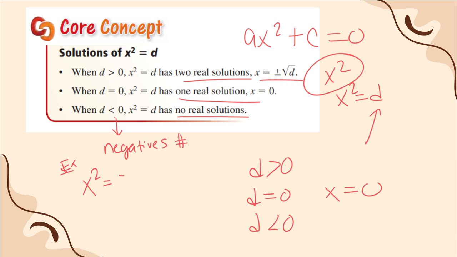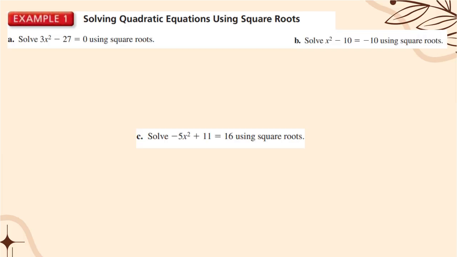If I was to square something to give me negative 2, there's nothing that's going to give me that; no two numbers or two factors will give me negative 2. Even if it was x squared equals, let's say, negative 9. We know the square root of 9 is 3, but if I were to square root this, nothing will give me negative 9 inside.